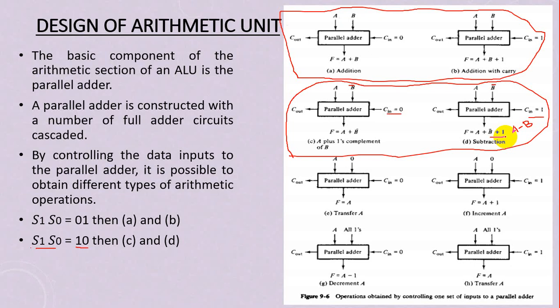B bar plus 1 is equal to minus B. So what we get is a subtraction operation in this case, A minus B. For the third selection pin combination, when S0, S1 are 0, 0, again we get two different operations.